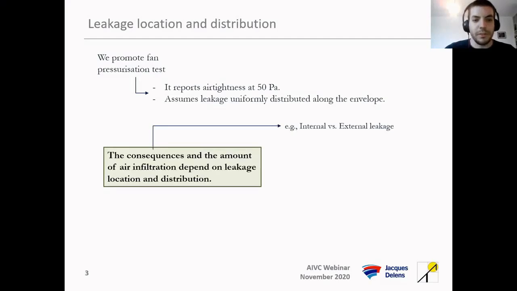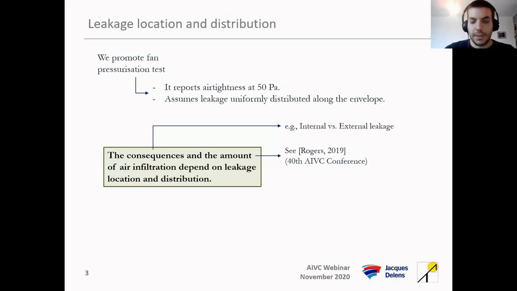For the amount of air infiltration, it's a bit more tricky, but I really invite you to read the work presented at the 40th AIVC conference by Steve Rogers, because in this work he showed that for three different distributions of leakage along the envelope, three different distributions that would result in the same fan pressurization test result, he found really high variation of air infiltration at 1 Pascal of pressure difference.